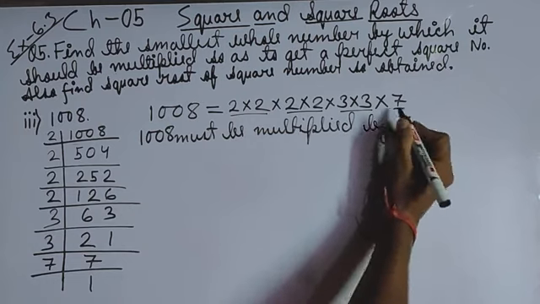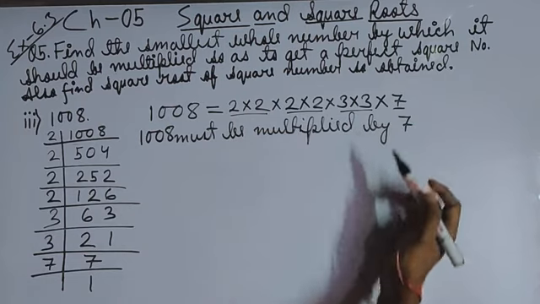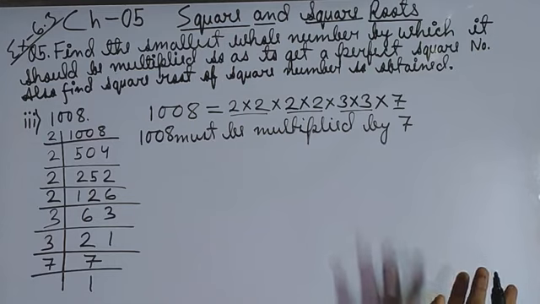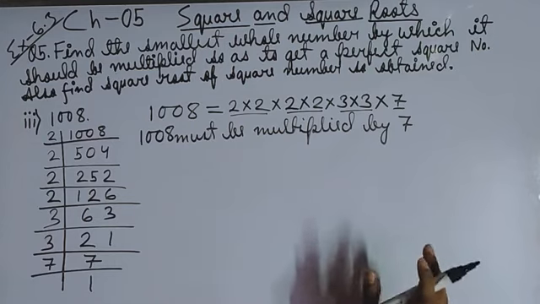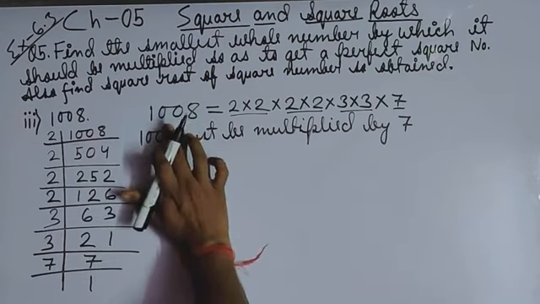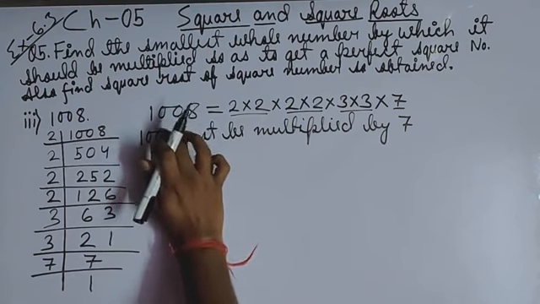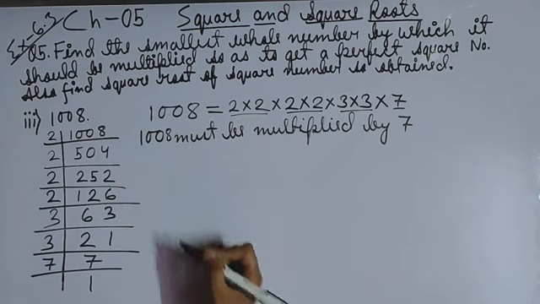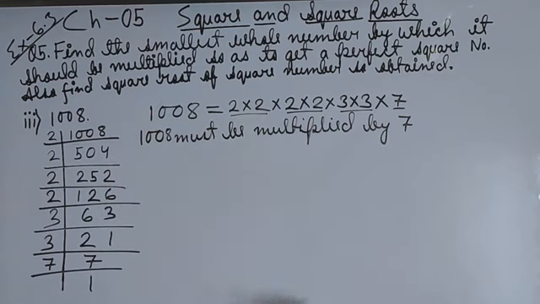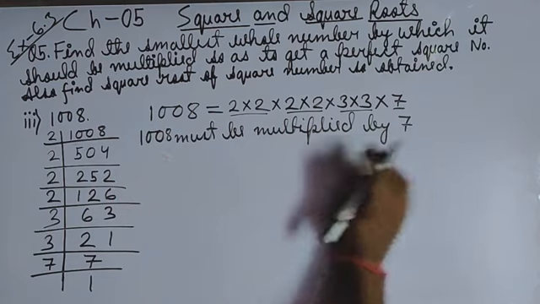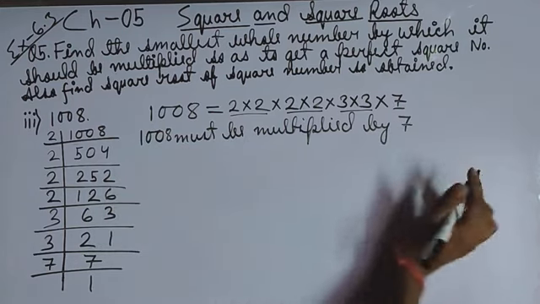Why 7? Because the prime factor 7 is there whose pair is not forming. It is not able to form a pair. So we will be multiplying the number by 7 because the prime factor 7 does not have a pair. 1008 must be multiplied by 7.